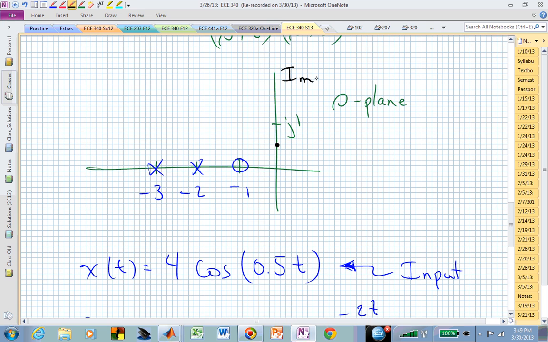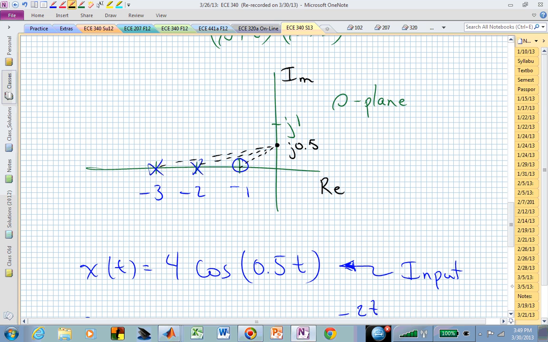Here's our imaginary axis, here's our real axis, and when we get to the value of frequency of 0.5 radians per second, that's where we are underneath this big top circus tent, and we can now look at how these different pole and zero factors contribute to the overall response of that system.